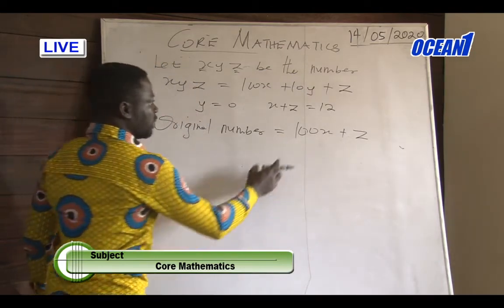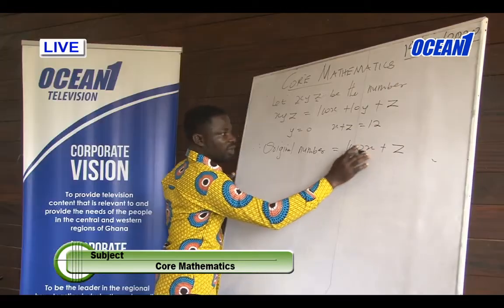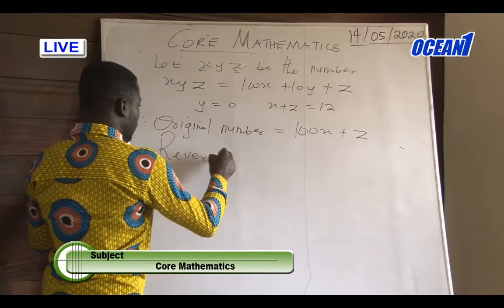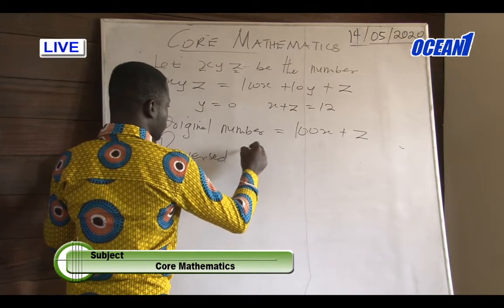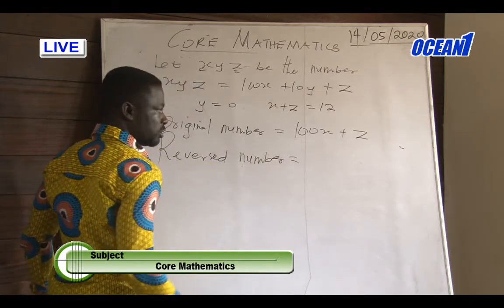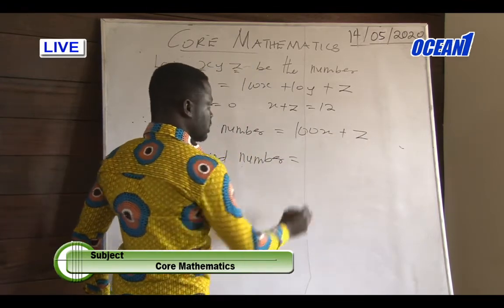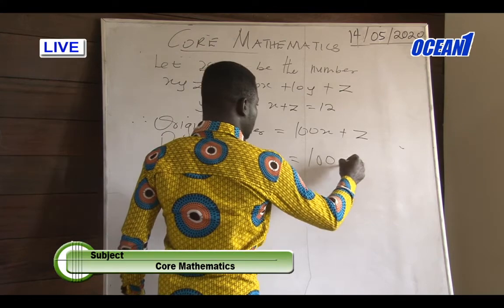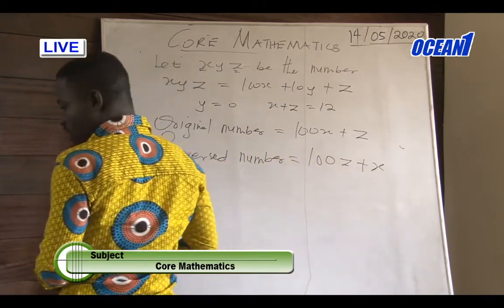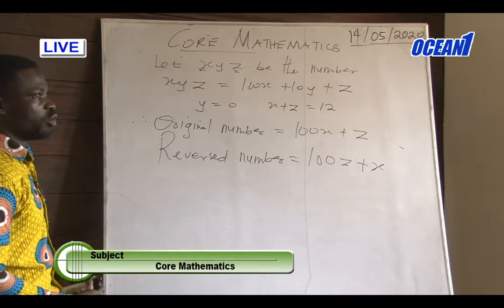Now if this is interchanged, let's look at the reverse form of 100x plus z. The reverse number is going to be, you interchange the position of x and z. So you are going to have 100z plus x. Now, how do you form the equation?